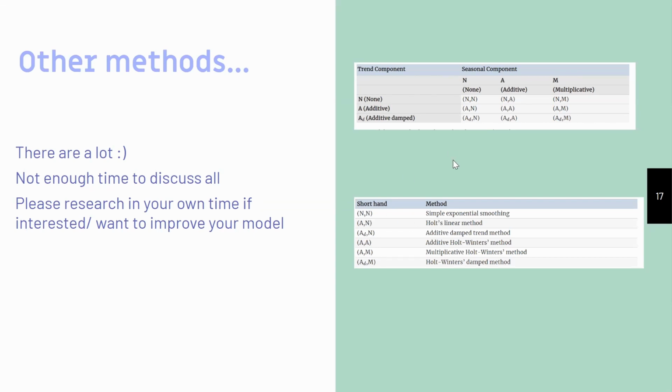And here's just some of the notations and common colloquial names for that. So a method that has no seasonal component and no trend component, but is exponential smoothing, is just simple exponential smoothing. That's what we talked about for the first thing, right? And then Holt's linear method.